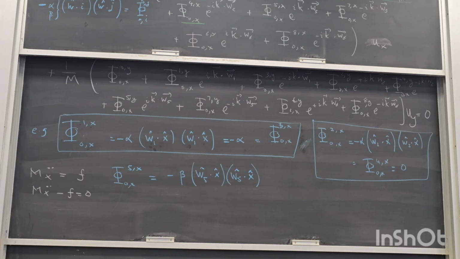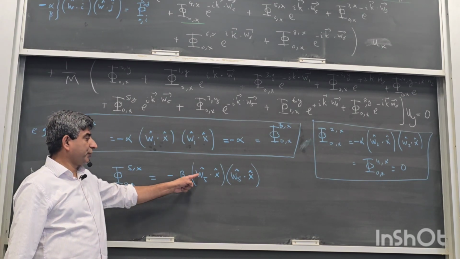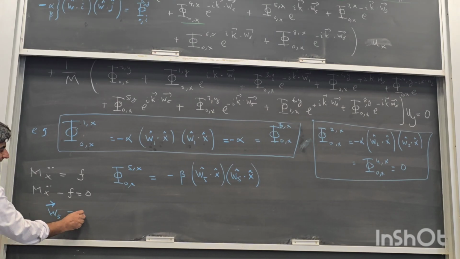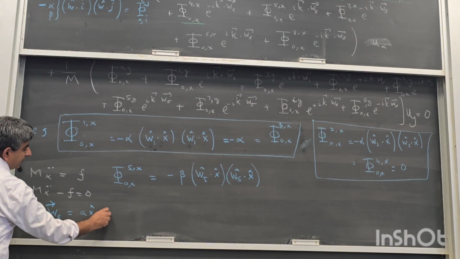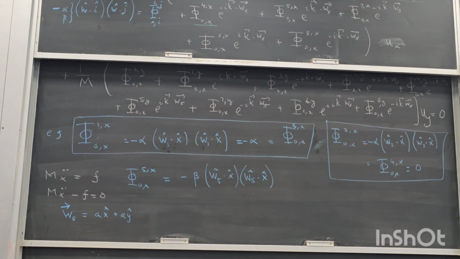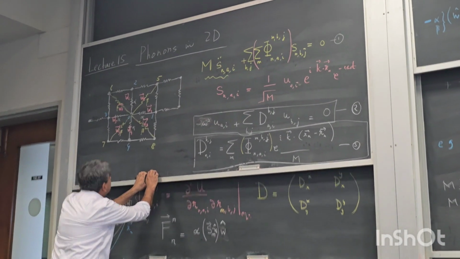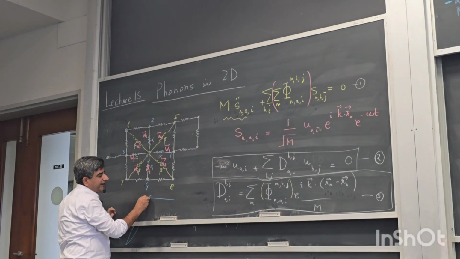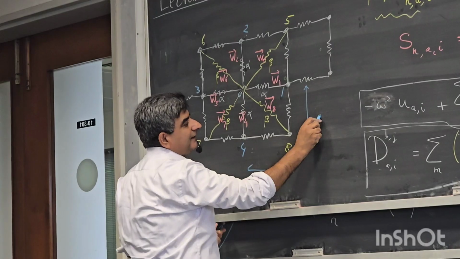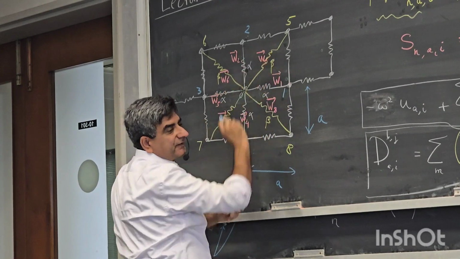All right. Remember, these are unit vectors that we're talking about. Now W5, the vector W5 is AX plus AY, isn't it? Because if this length is A, the lattice spacing A, this length is A. So this vector is AX plus AY.